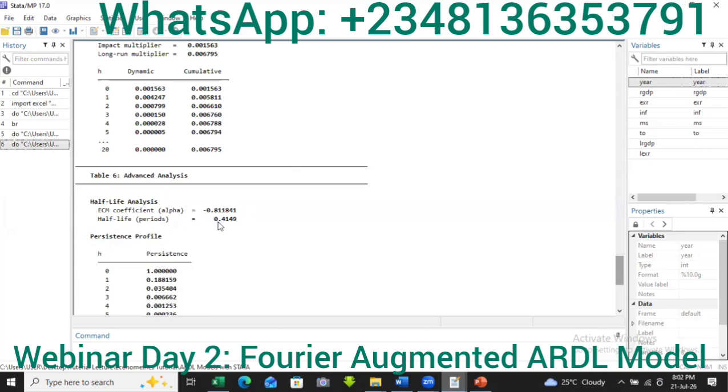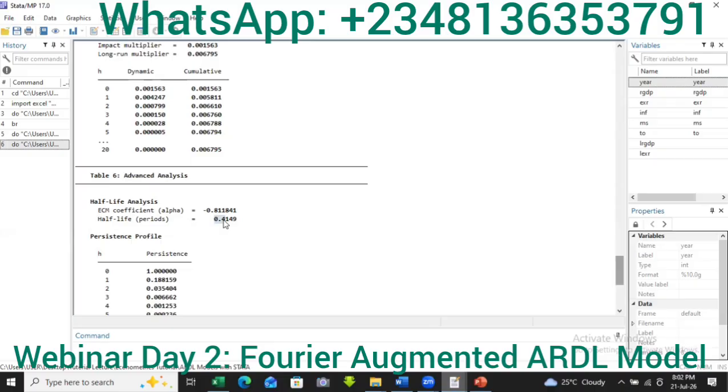This is 0.4, so it's not actually up to 6 months, but let's take it like that. It takes about 6 months for half of the shock to disappear from real GDP.